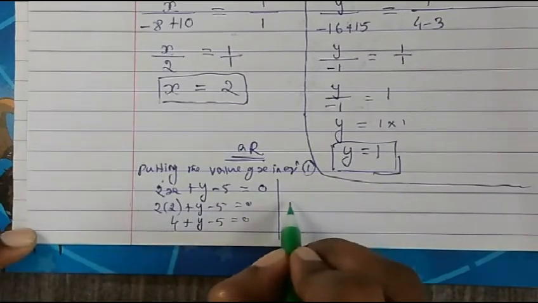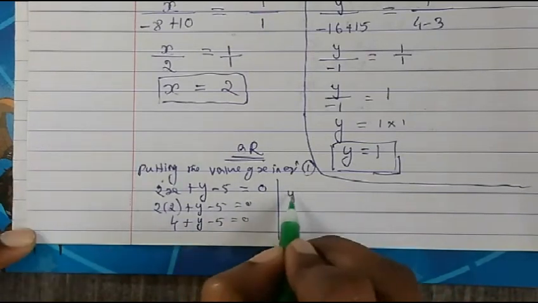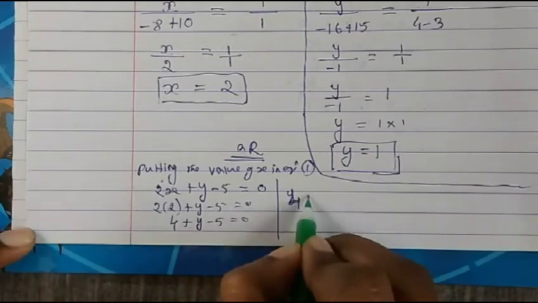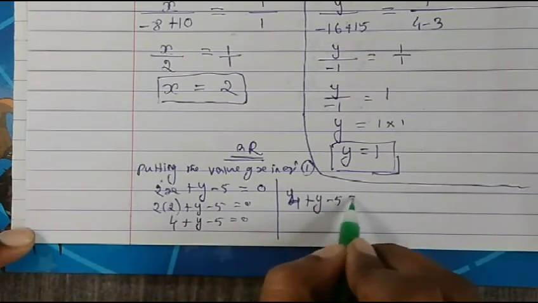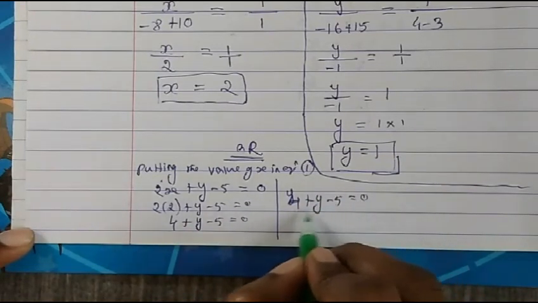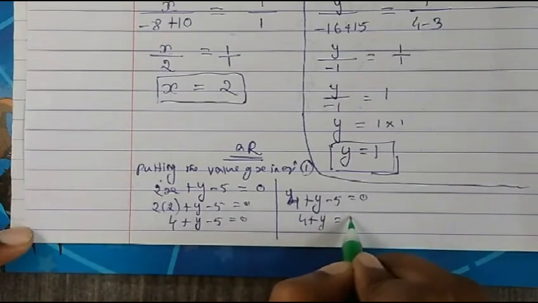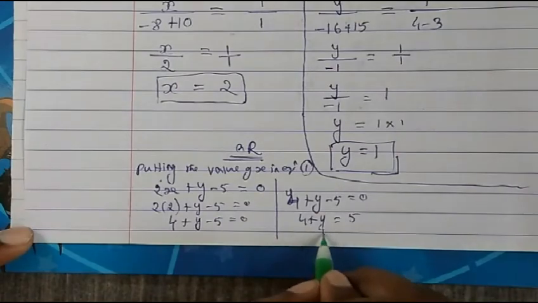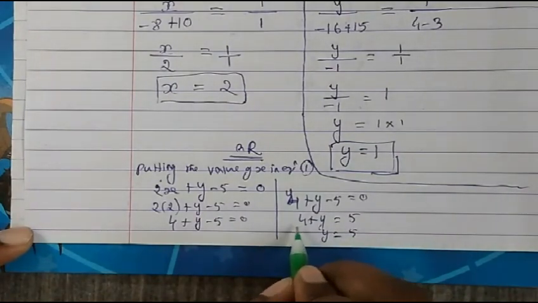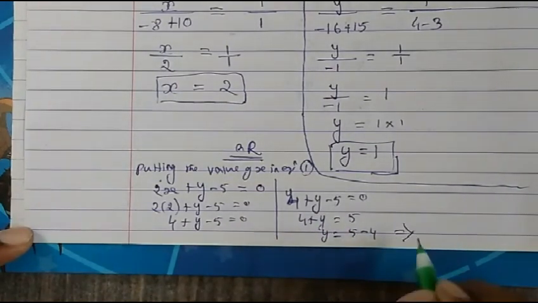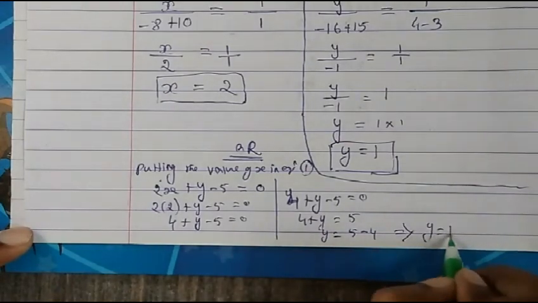So now y, let it be here. Okay, I'll write down 4 plus y minus 5 equal to 0. So I'll keep this 4 plus y, minus 5 comes this side, will become plus 5, and then plus 4 comes here, minus 4. So it will give y equal to 1.